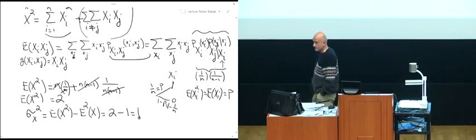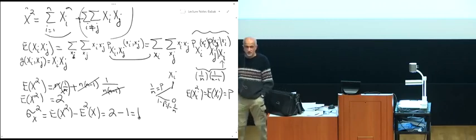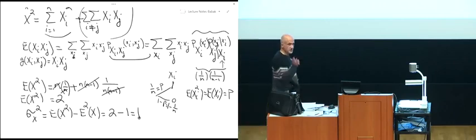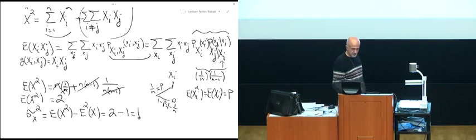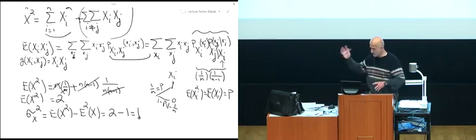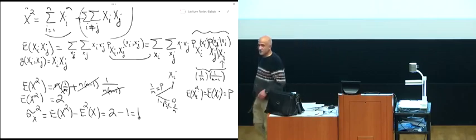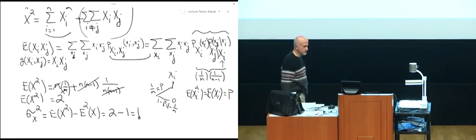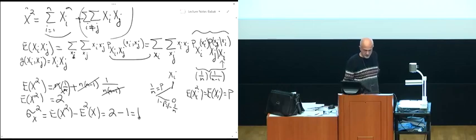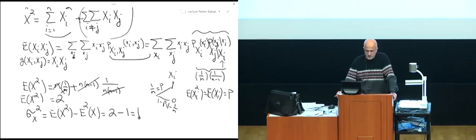Isn't that amazing? It looks like a very complicated problem, and you have to keep the accounting of the permutations and combinations in your head straight, and the random variables are not independent, but the answer is beautifully simple. So the mean of the number of people who get their hats back is 1, and so is the variance.